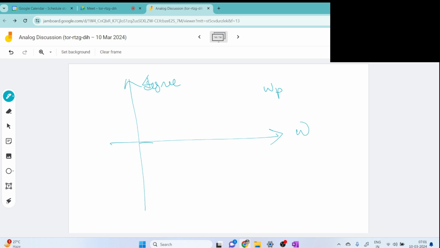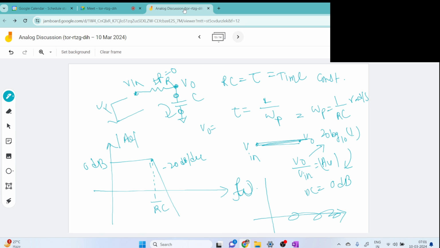So let's say this is minus 45 degrees, and eventually at infinite frequency it goes to minus 90. So this is the phase plot of a normal first order RC circuit.